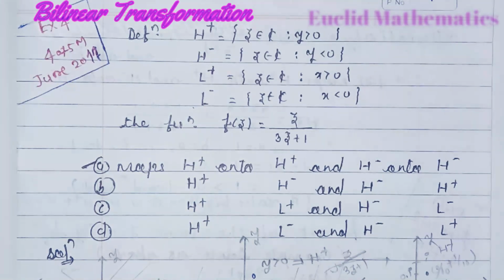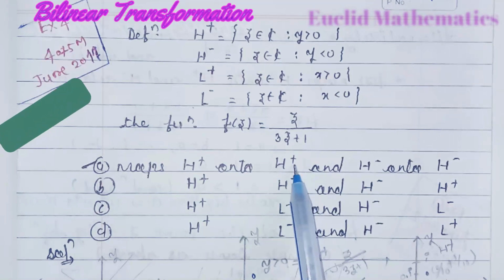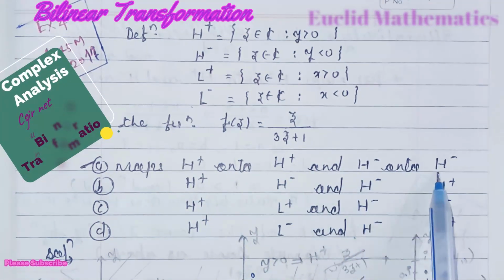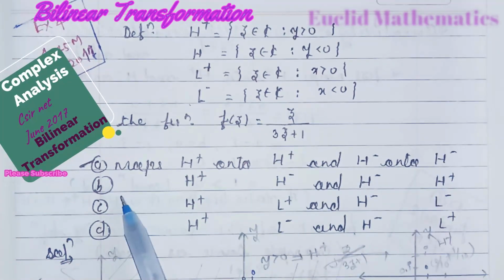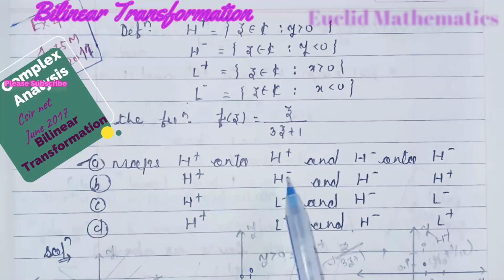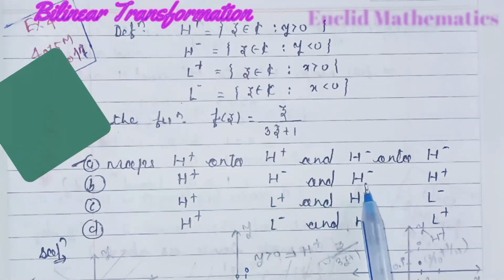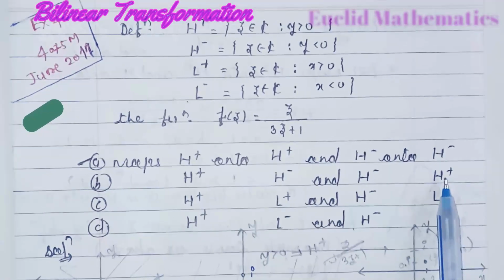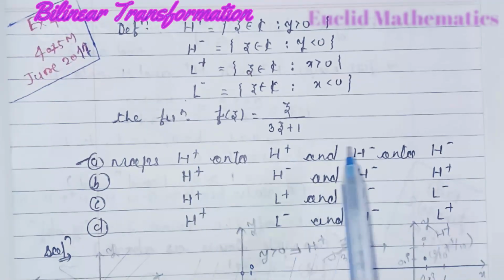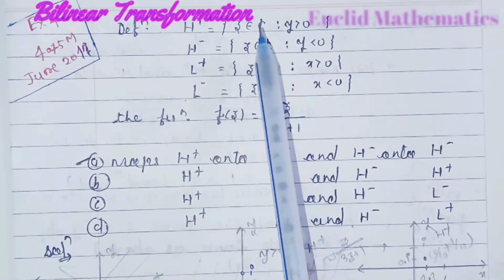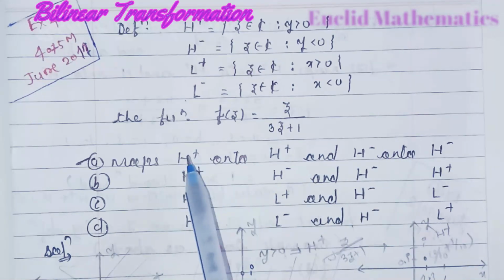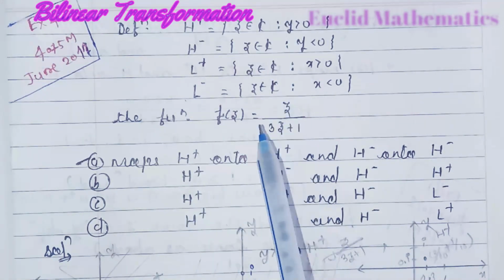Then we have to find out whether the function f of z, which is given by z over 3z plus 1, maps the positive half plane onto the positive half plane and the negative half plane onto the negative half plane. Option B says the positive half plane onto the negative half plane and the negative half plane onto the positive half plane. So we need to understand H plus and H minus using the given question. They are just notations, but they represent positive and negative half planes.